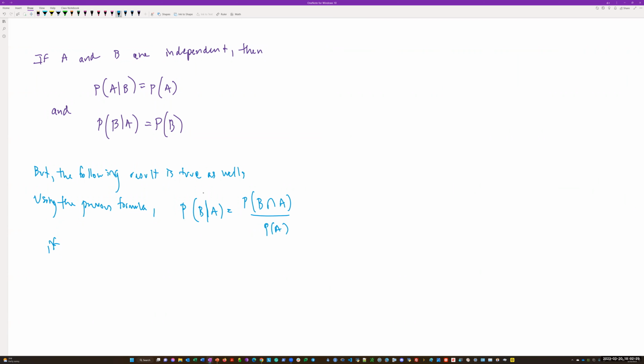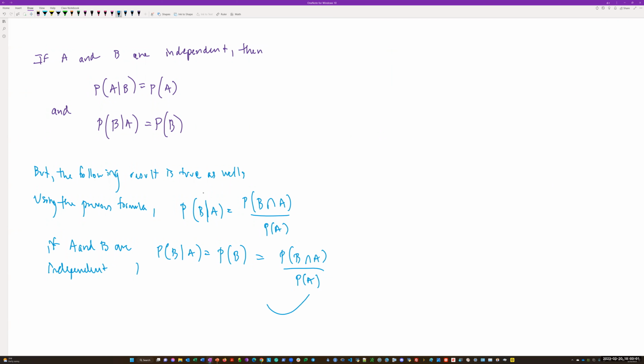If A and B are independent, then we know that the probability of B given A is really just the probability of B. Is that right? But then that must equal the probability of B and A all over the probability of A. Does that make sense?